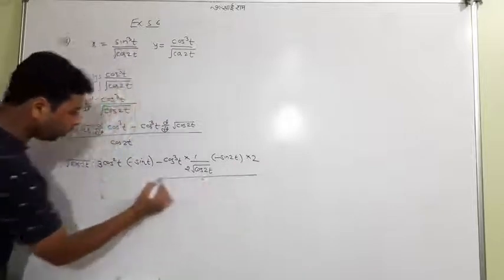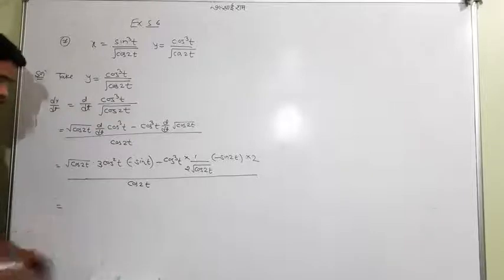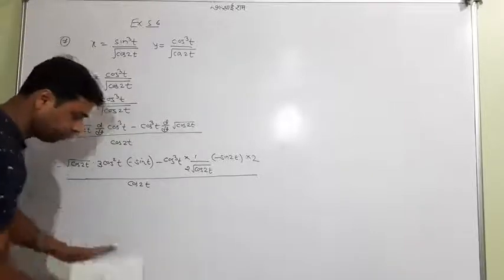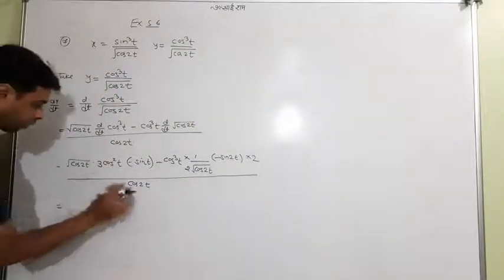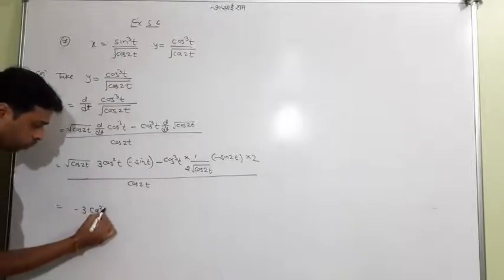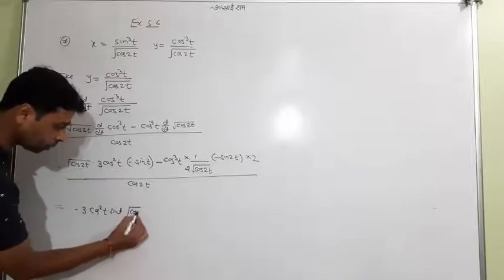And the whole upon cos of 2t, cos of 2t. Now students, what to do now? Just rearrange it again. Minus 3 cos square t sin t and cos 2t.